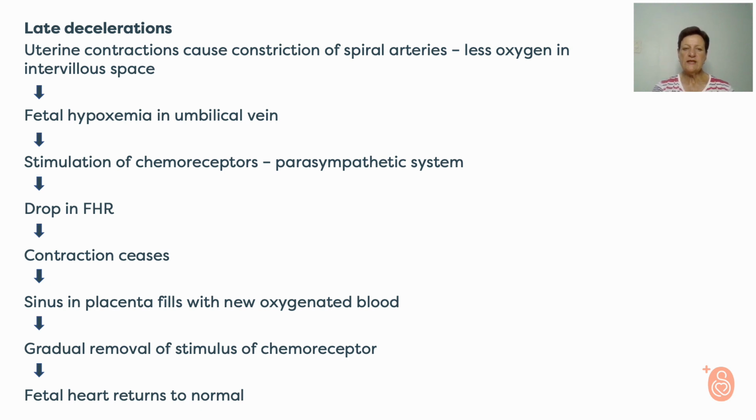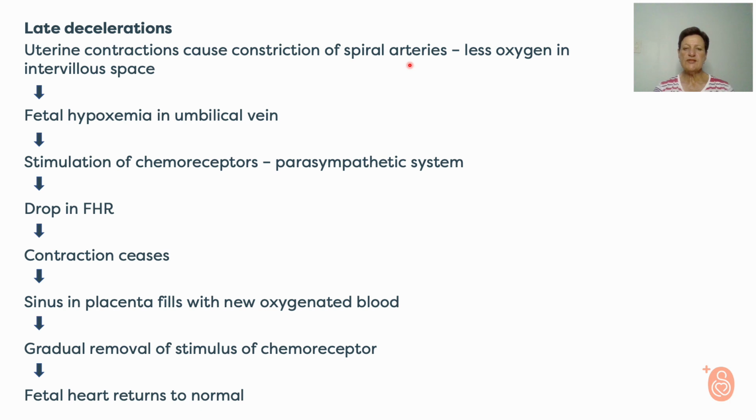And we have said that during a contraction, the spiral arteries are being constricted, they are being occluded, there's no new oxygen-rich blood going into the intervillous space. Now, we have said normally the fetus has enough reserves and can survive.